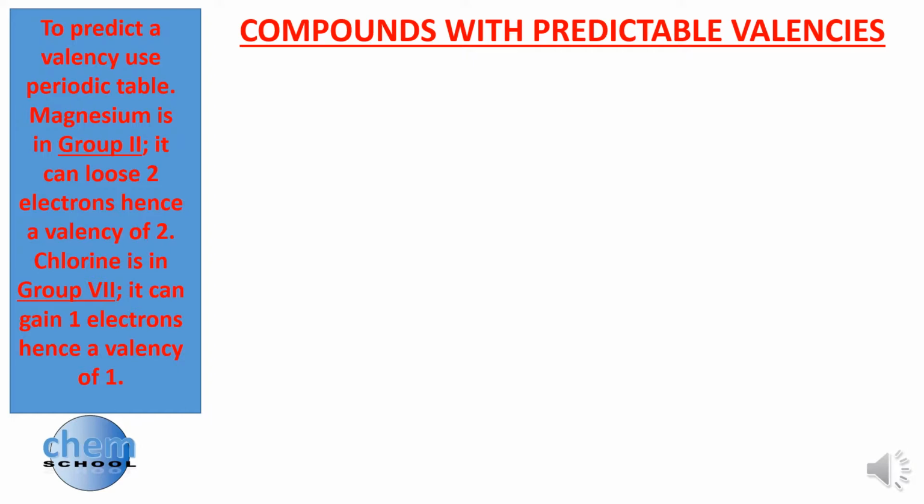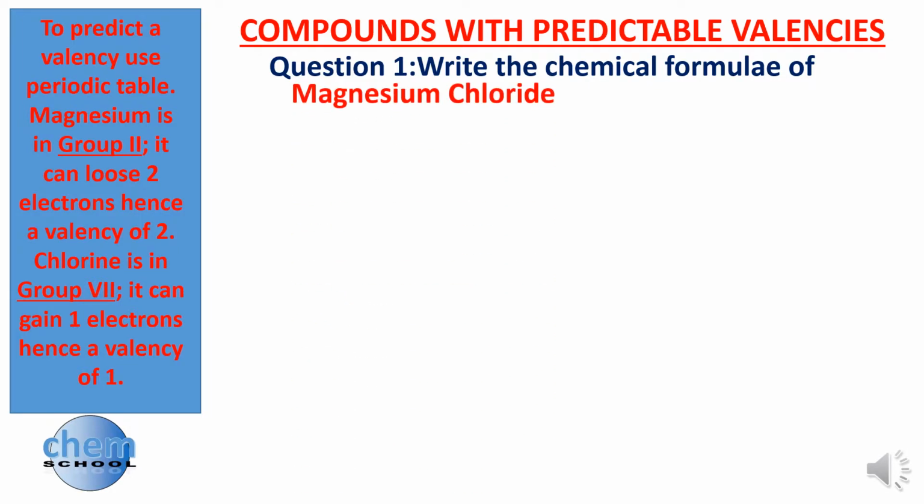It therefore means it can lose 2 electrons, hence a valency of 2. Chlorine is in group 7. It can gain 1 electron, hence it has a valency of 1. Therefore, we shall go straight to our first example, which is write the chemical formula of magnesium chloride.